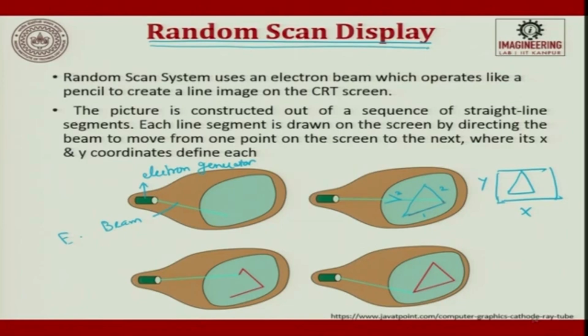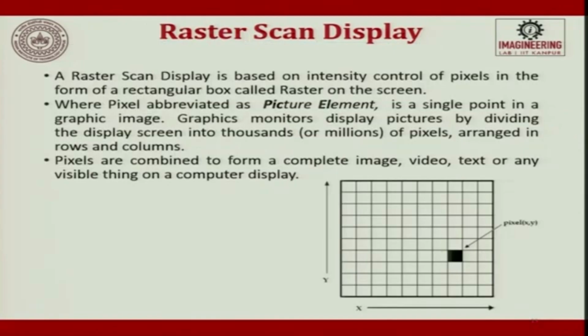Now, we are getting into the graphics, how it is getting displayed. Next, a raster scan display is based on intensity control of pixels in the form of a rectangle. The entire screen, which I said has x and y, is divided into several small pixels.